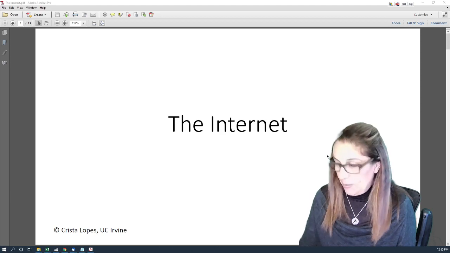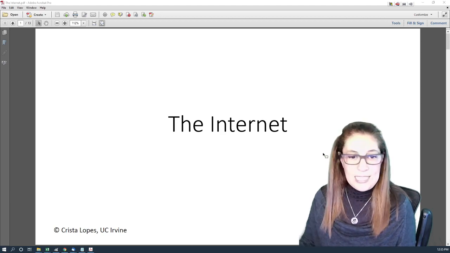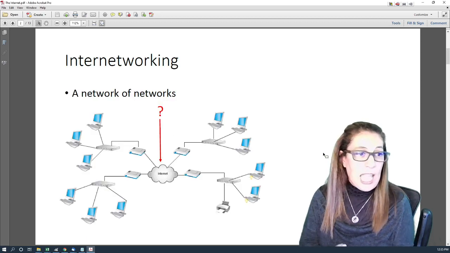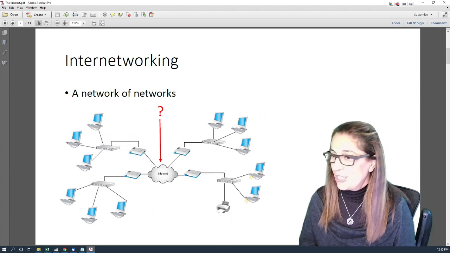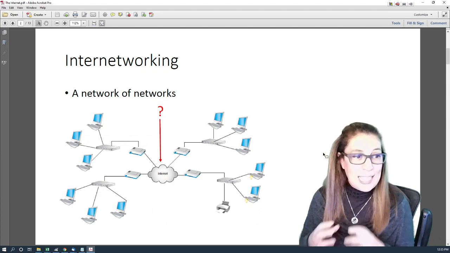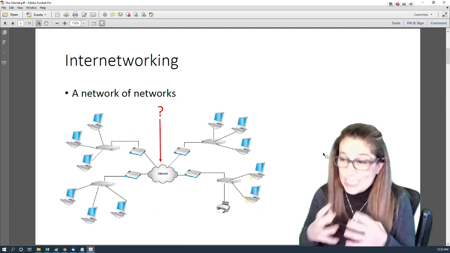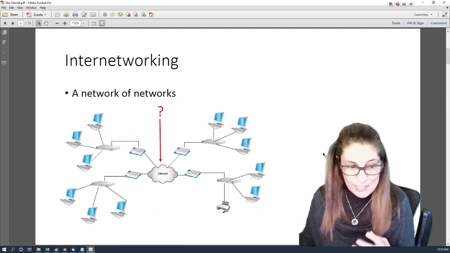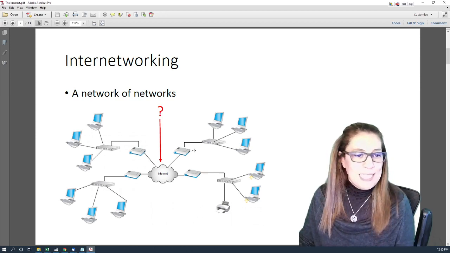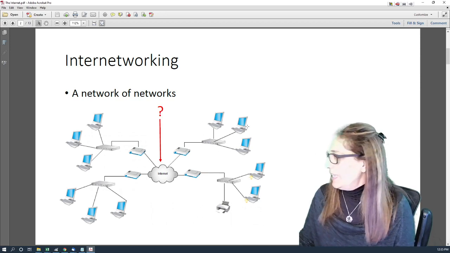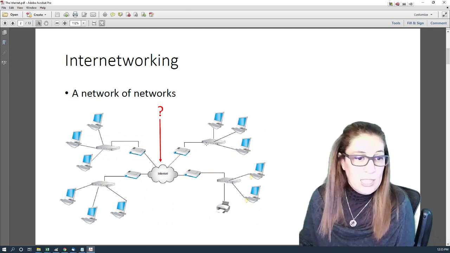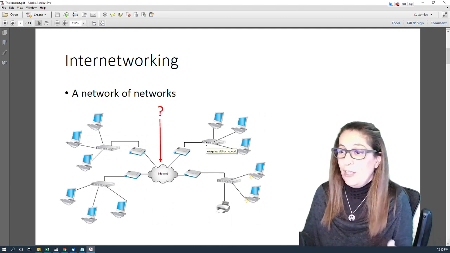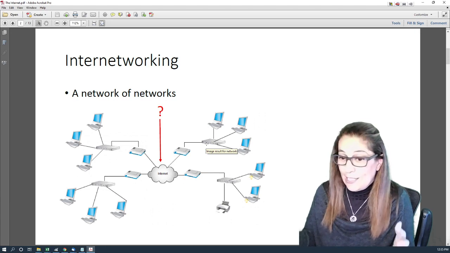So let me talk about the internet. The internet is, as Vint Cerf, the creator of the internet, said in one of the videos, a network of networks. It's not just a network, right? It's a network of networks. What does that mean? It means that at the leaves over here, there's actually a network already, right? So in our houses, we have home networks, and those are real networks.